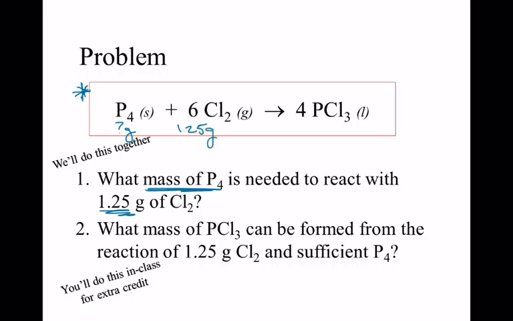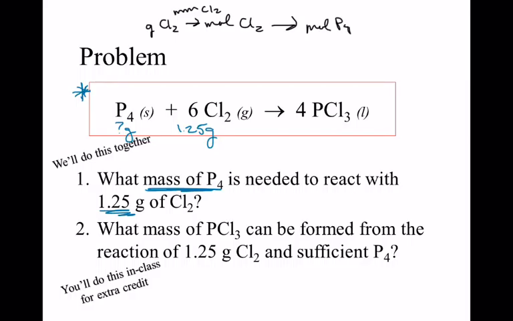So if I was diagramming this, like we've done before, we're going to go from grams of Cl2 to moles of Cl2 using its molar mass. And then we're going to go from moles of Cl2 to moles of P4 using the stoichiometric ratio.